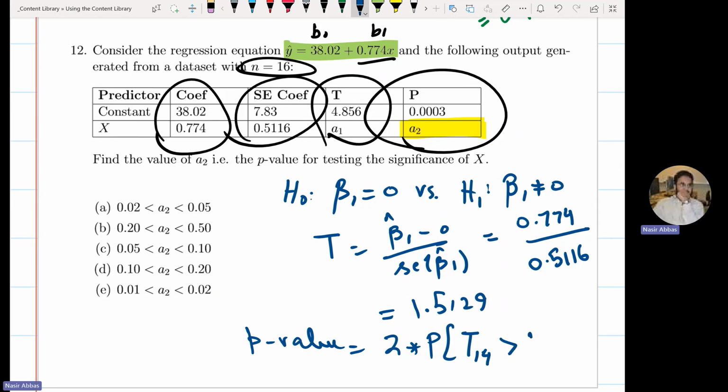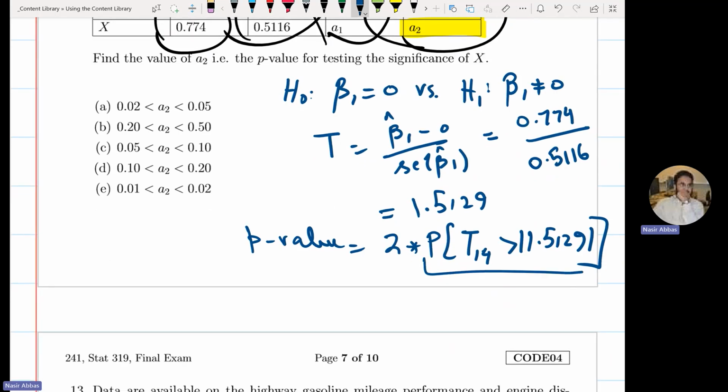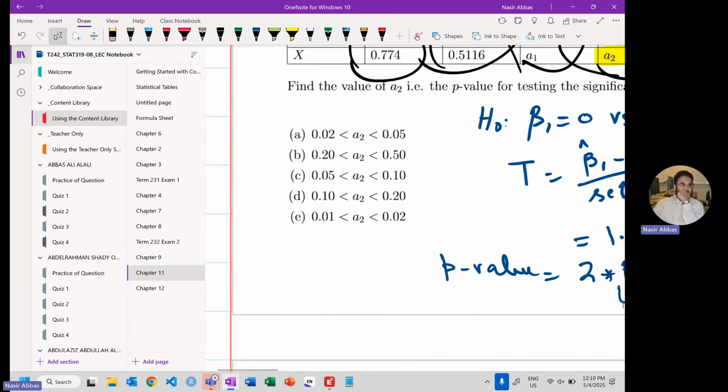T14 greater than 1.5129 absolute. So you will go to the t table and you will get this value here, and then you will multiply it by 2. So when you get this, T14 greater than 1.5129, remember this.